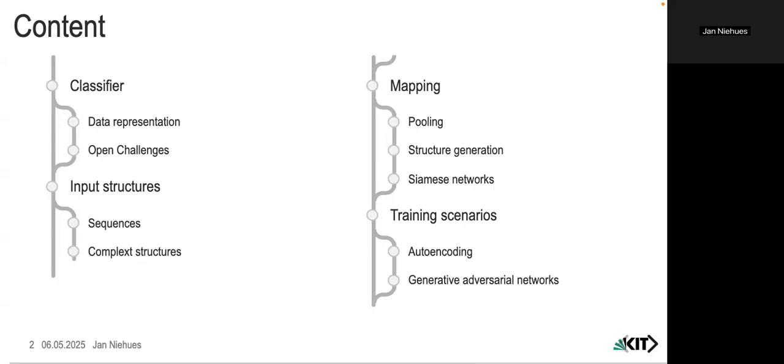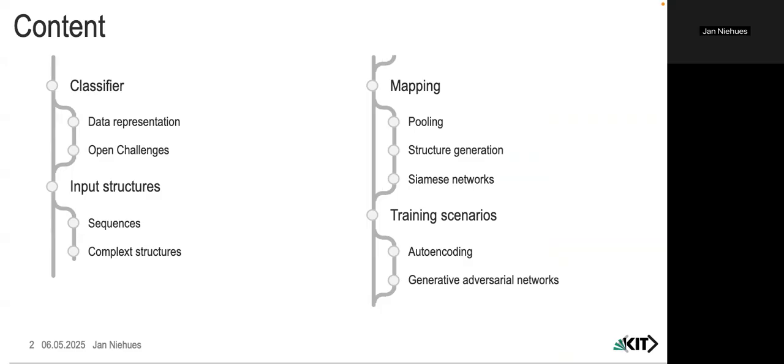The first is that you might have data which has some structure, and you need to somehow represent this. A common thing is sequences. So there's a lot of applications where you have sequential data. So how can you handle sequential data? And then we'll also do more complex structures, 2D like images, or then graph structures and things like that.